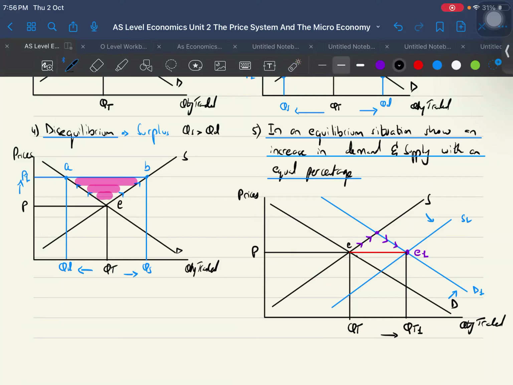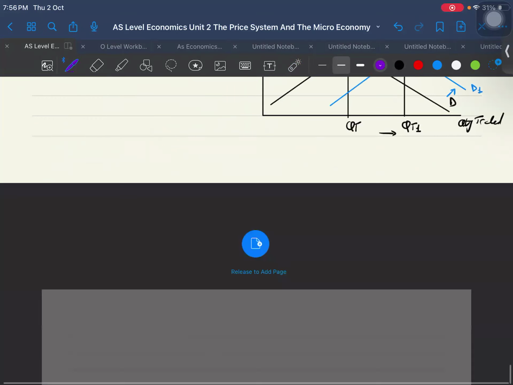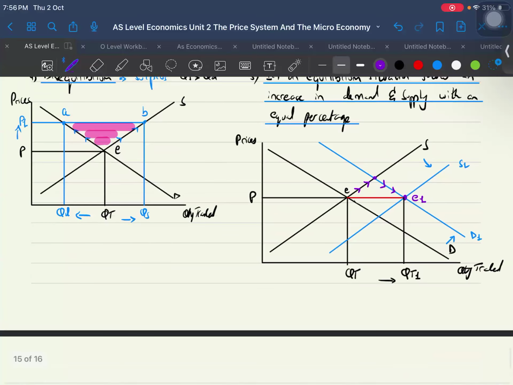Okay. I'll just write it here so that you are able to understand in a better way. Demand increases, increasing the price and quantity. Supply increases with the same proportion as demand. The price falls with the same proportion as it rose earlier, but the quantity increases.